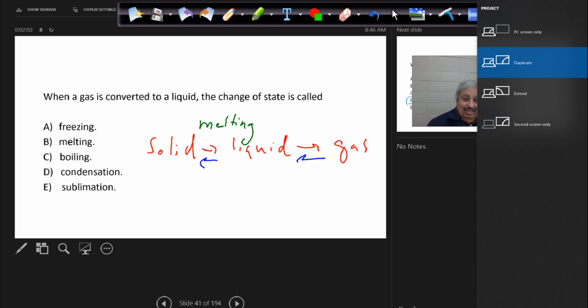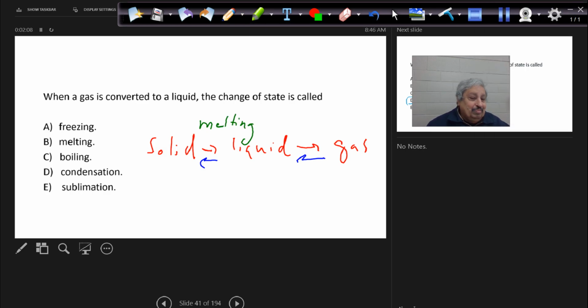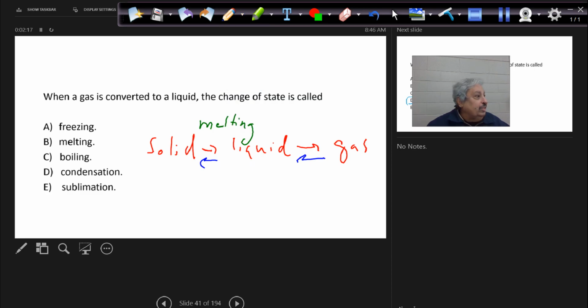So if I go from here, from liquid back to solid, the opposite way, what do I call this one, from liquid to solid? Freezing, correct? Good. From liquid to gas, you said what?